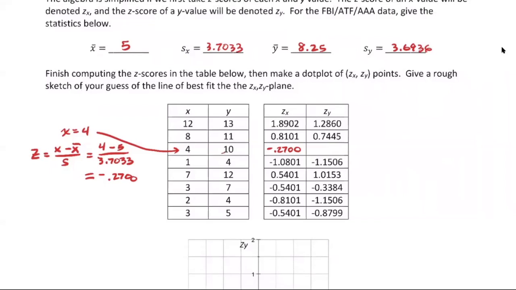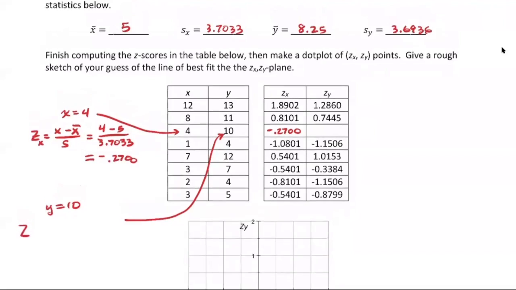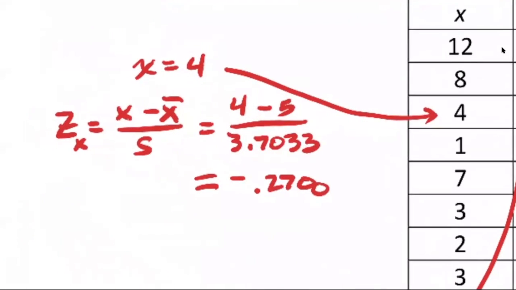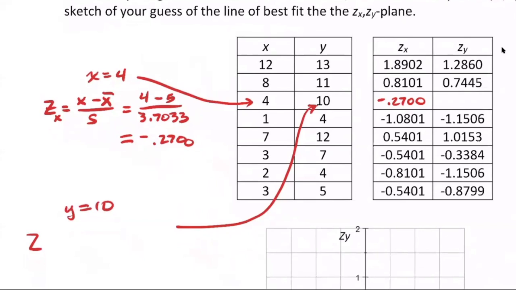So y is 10. The z-score, all right, let's put a little zx for the z-score of x. I don't know if you noticed, I just put a little x subscript on the z. And y needs a different subscript because it's a different variable, so zy on this one. And we'll do y minus the mean of the y's over the standard deviation of the y's.